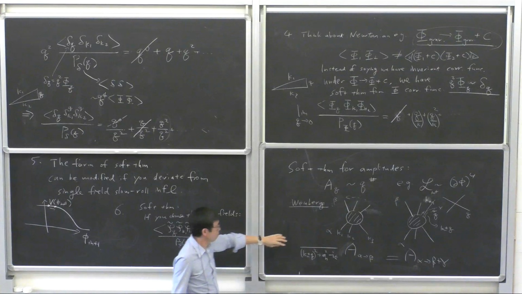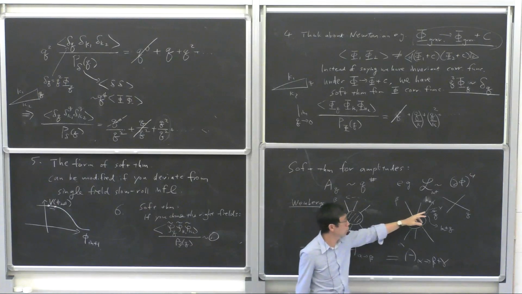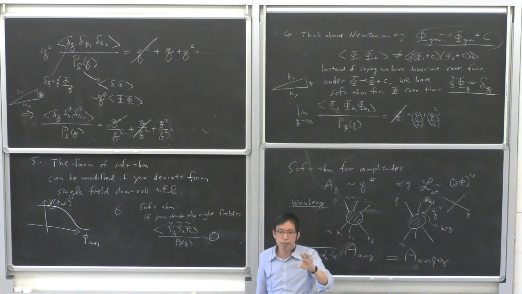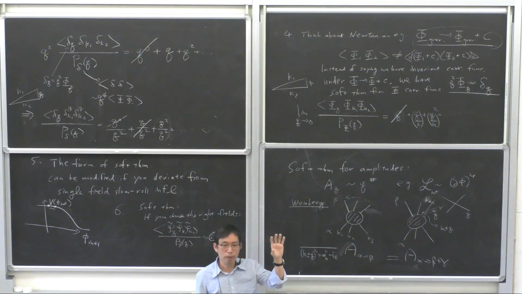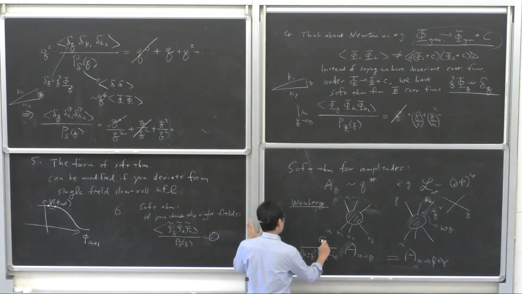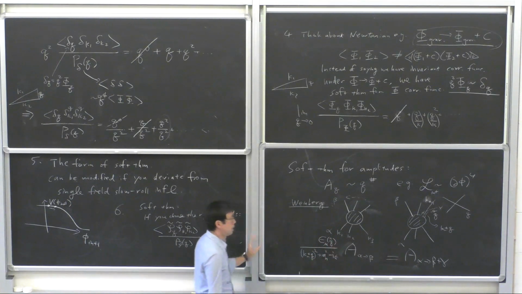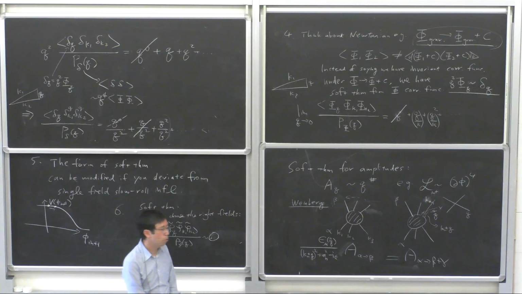And then let's think about the numerator. What is the numerator? Well, I am emitting a photon, so there had better be a polarization that specifies the state of the photon. So that's going to be a polarization, and I'm going to call it epsilon mu, that depends on the direction of the soft photon. This describes the polarization state.